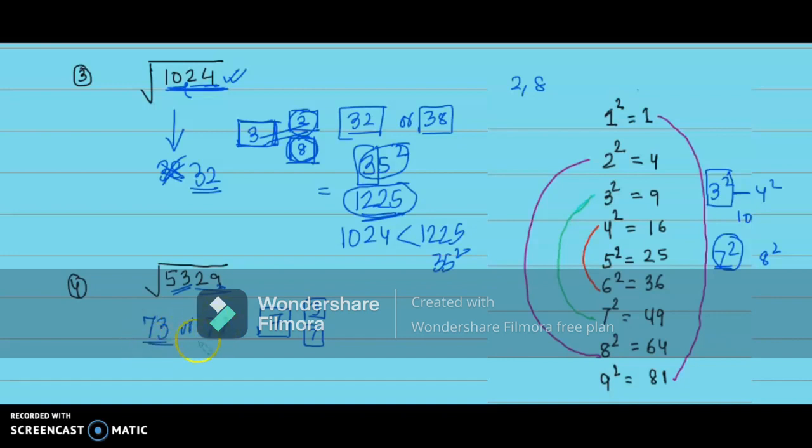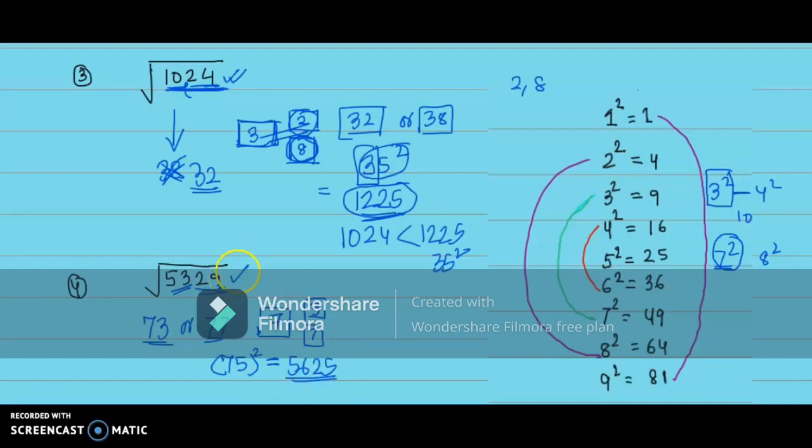Now which one of them is going to be the correct option? For that you need to find the square of 75, and the square of 75 I explained in the previous video is 8 times 7, 56, and 5 times 5, 25. That's 5625.